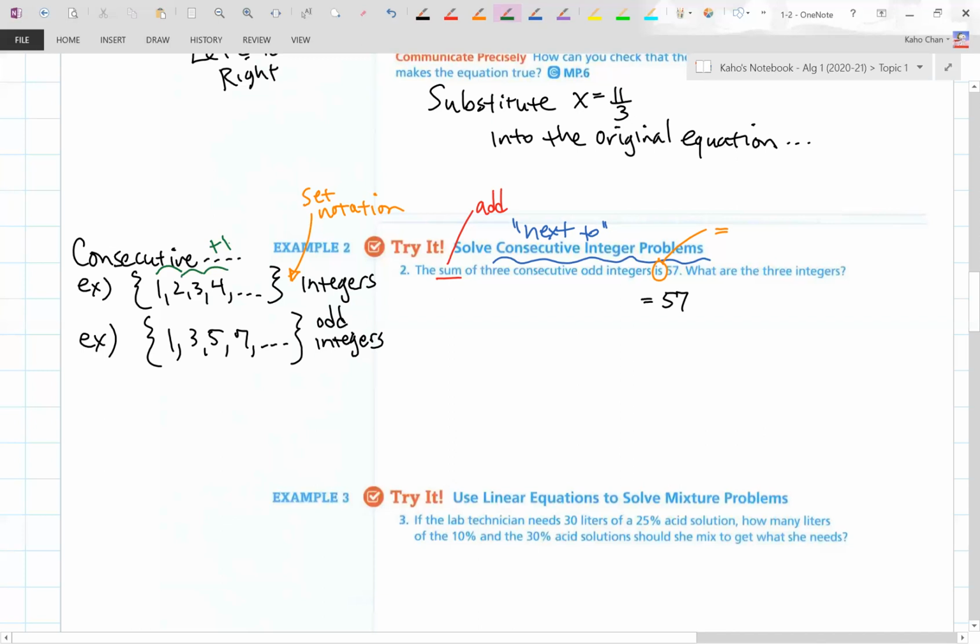So I'm going to do something called assigning a variable. I don't know what the number is. Let's go and do that. x would be my first odd integer. Oh yeah. Keyword here is odd.